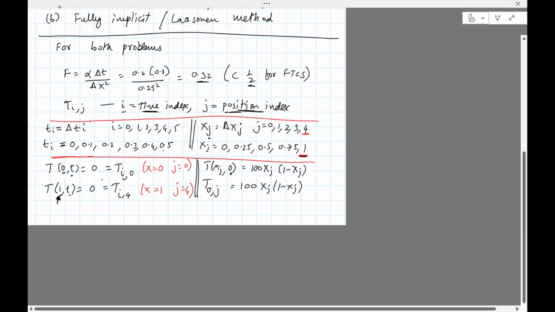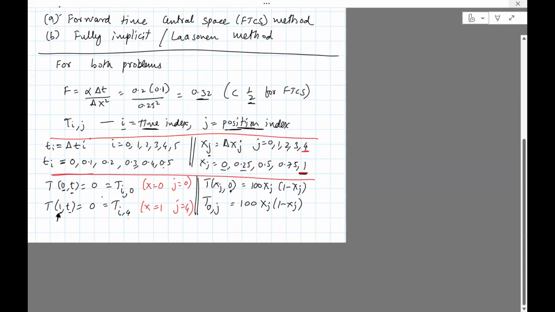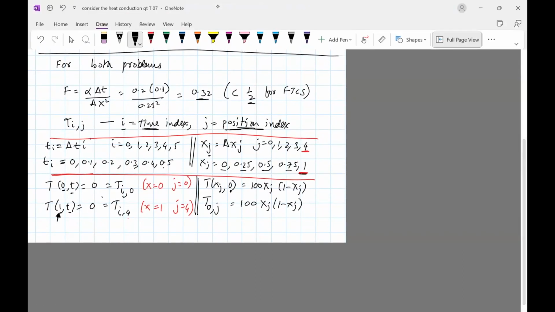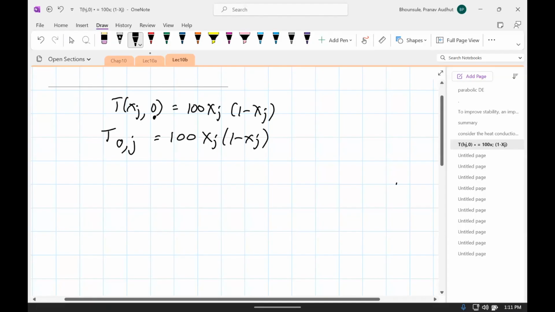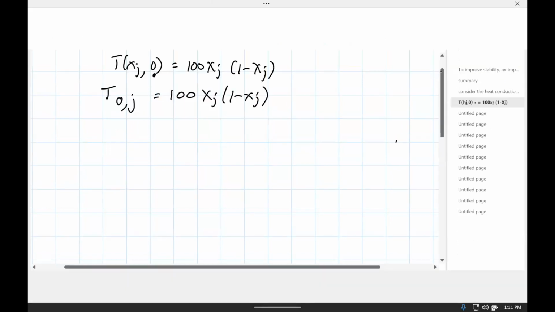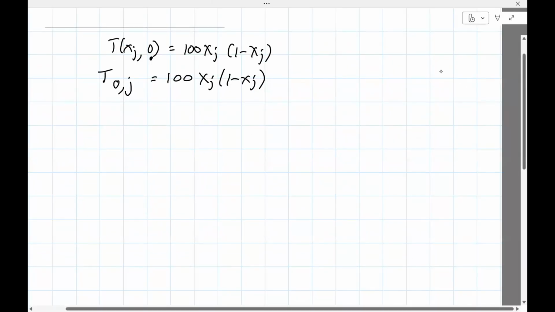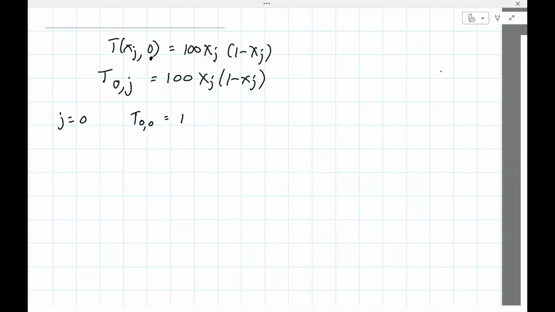So now what I can do is cycle over all the j's and write a formula down. Next page. Okay, now let's cycle through all the j's. j equals 0: 100 times 0 times (1 minus 0) is going to be 0. j equals 1.